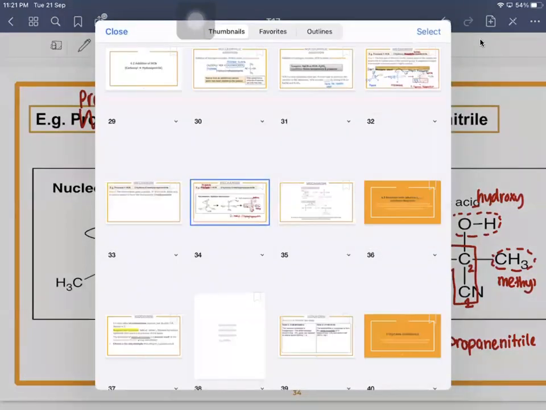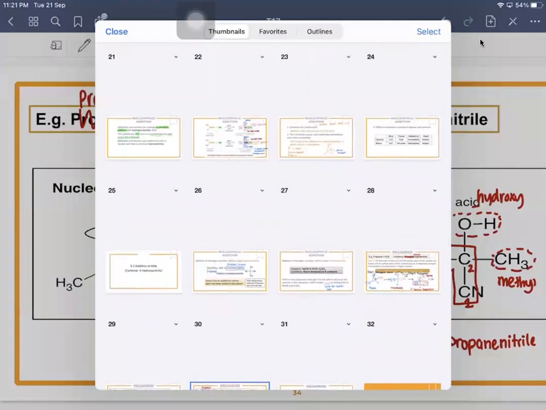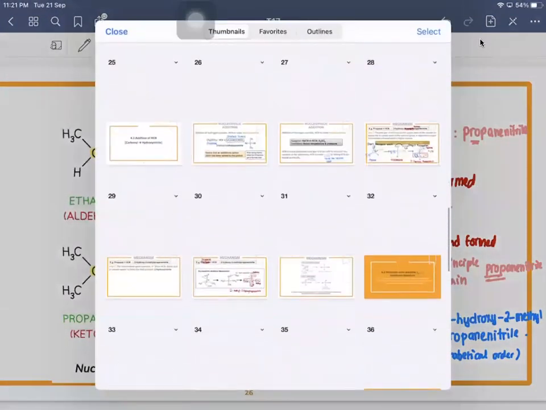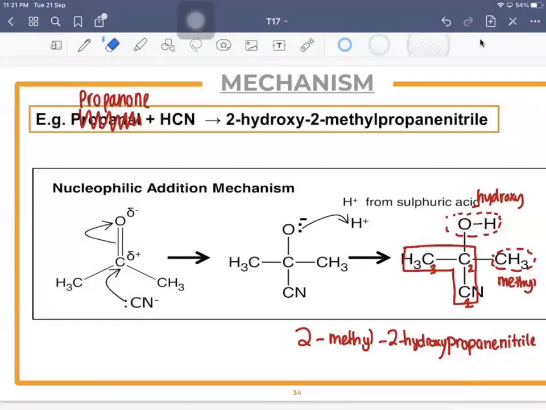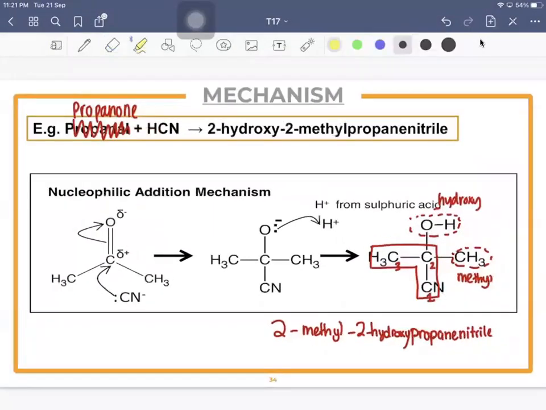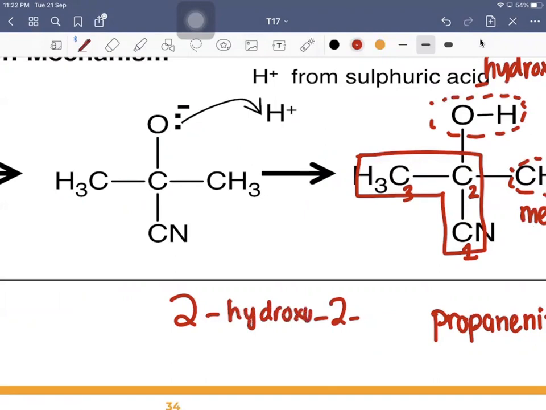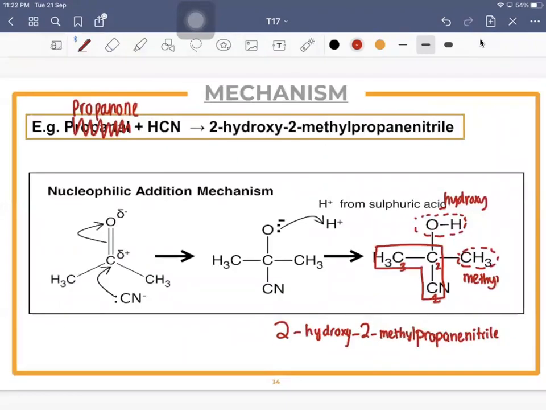It should be hydroxy first. So 2-hydroxy, 2-methyl propanenitrile, because of the letter H coming first, followed by the letter M. So sorry about that. In your notes, it's the problem is here.